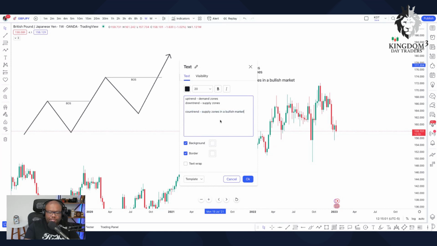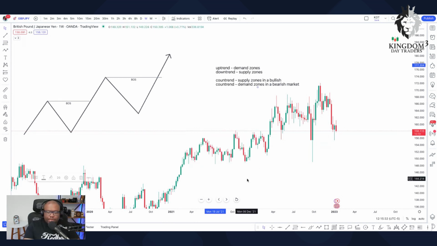Remember, this is counter trend. Once again, counter trend, and this time we're looking for demand zones in a bearish market, right? Demand zones in a bearish market, and that's counter trend trading.